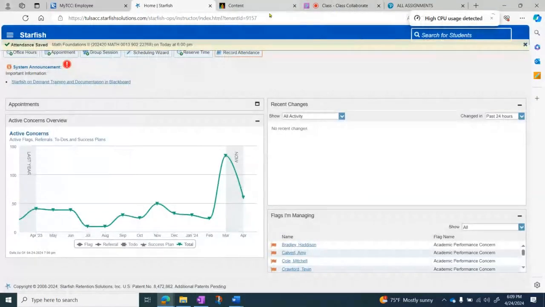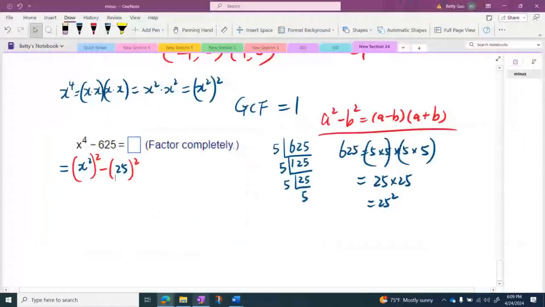Let's continue. Do you guys see the structure of the binomial, it is a difference of two squares, right? The good news is the question reminds us to use the formula, so we figured that out.